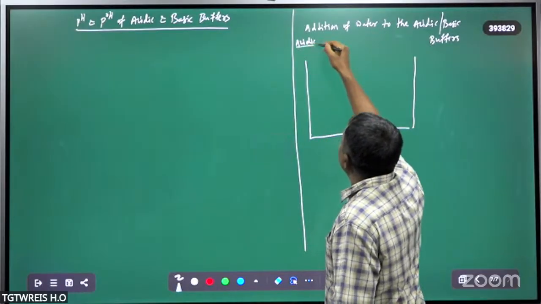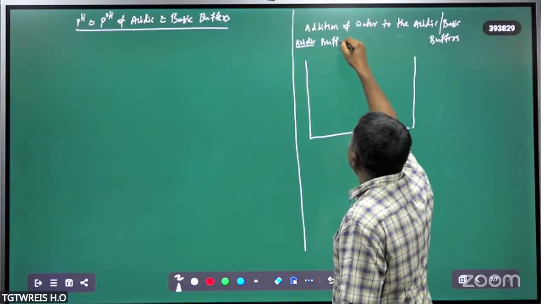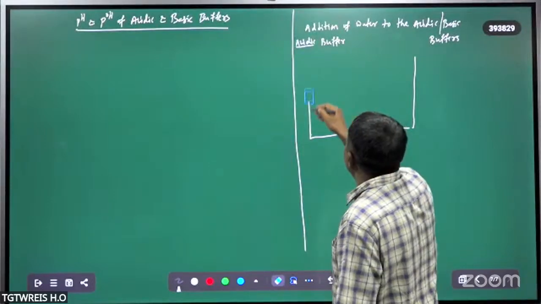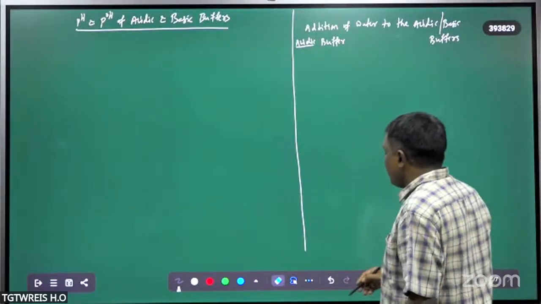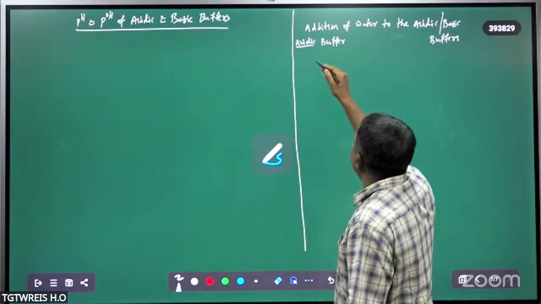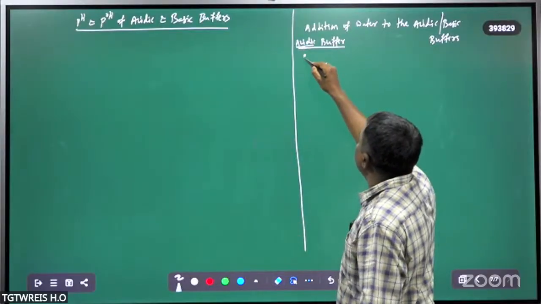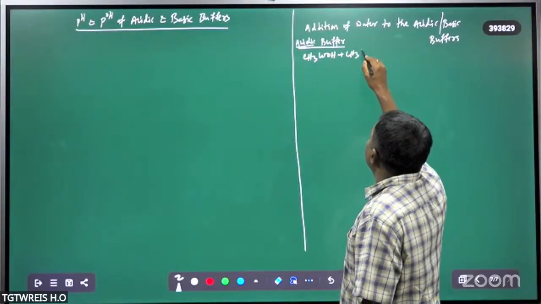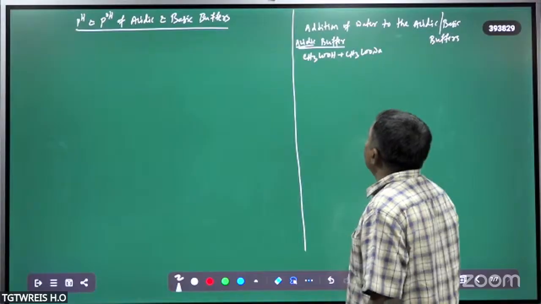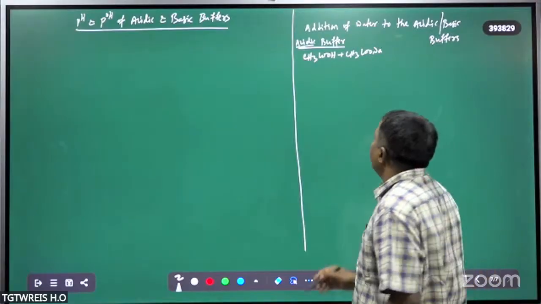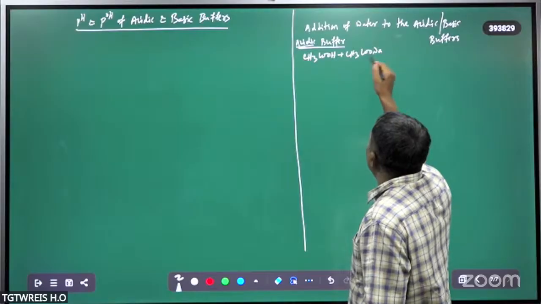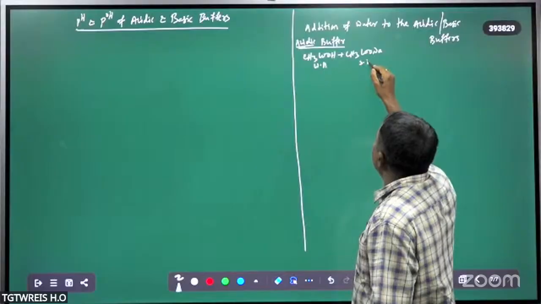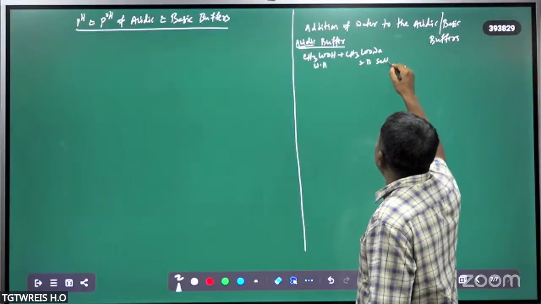One example of an acidic buffer is CH3COOH plus CH3COONa. This CH3COOH is the weak acid and CH3COONa is the salt of a strong base.